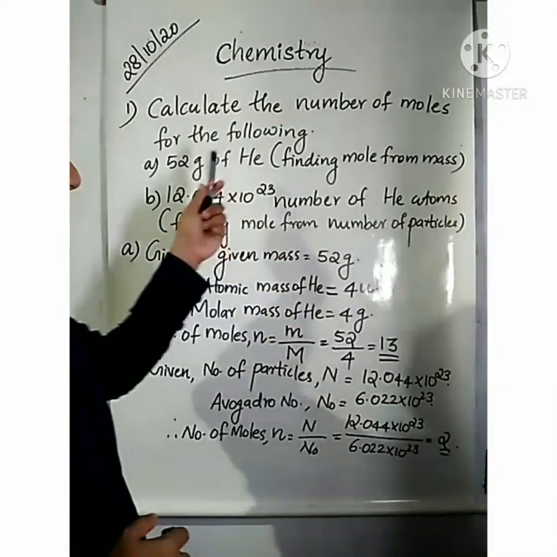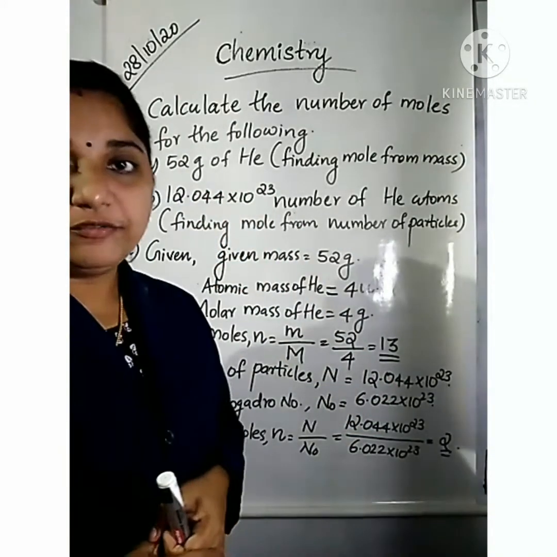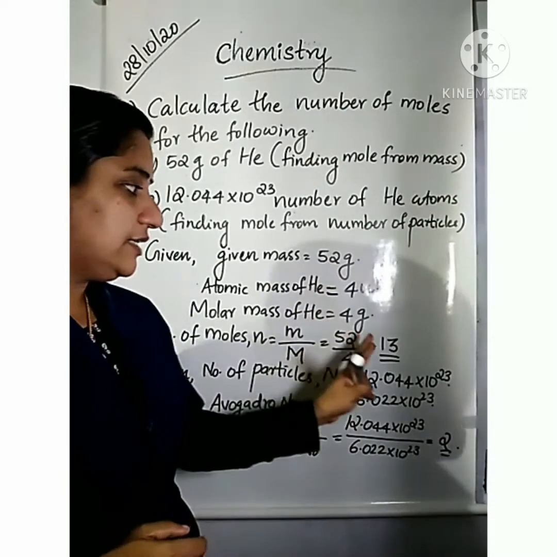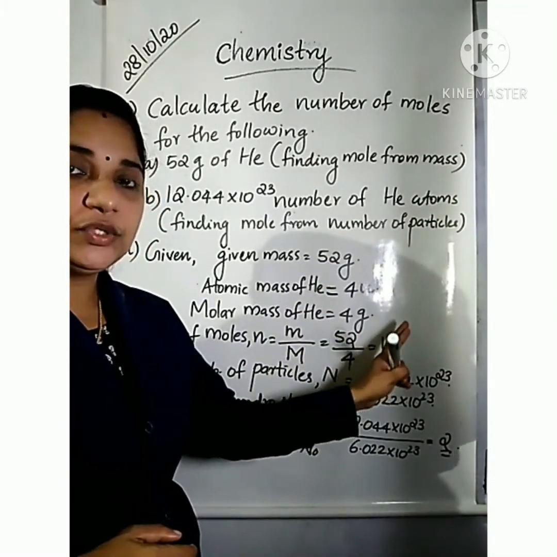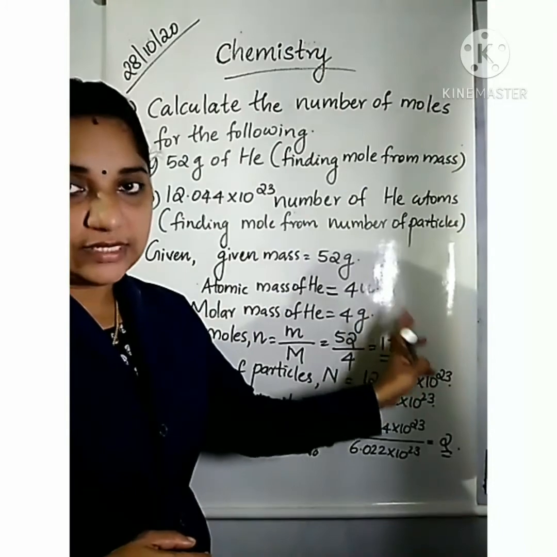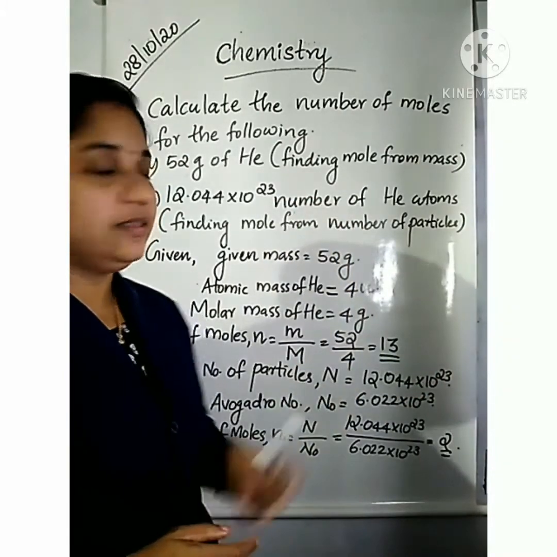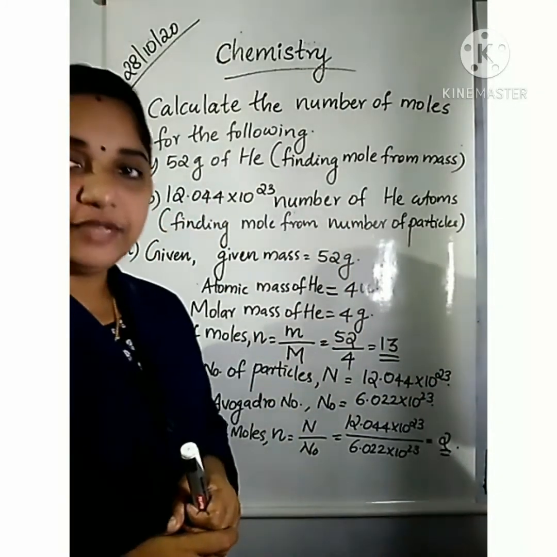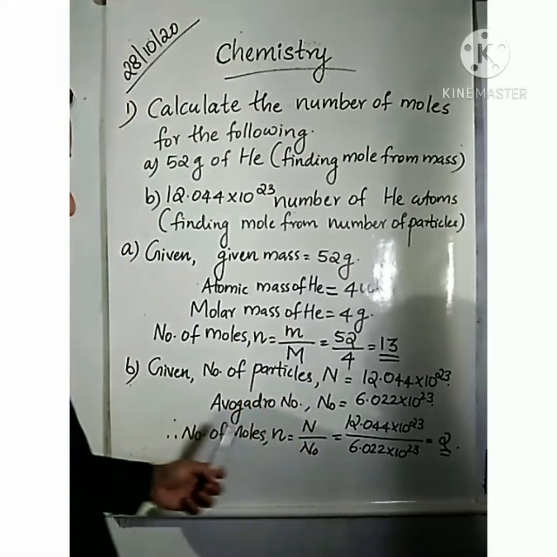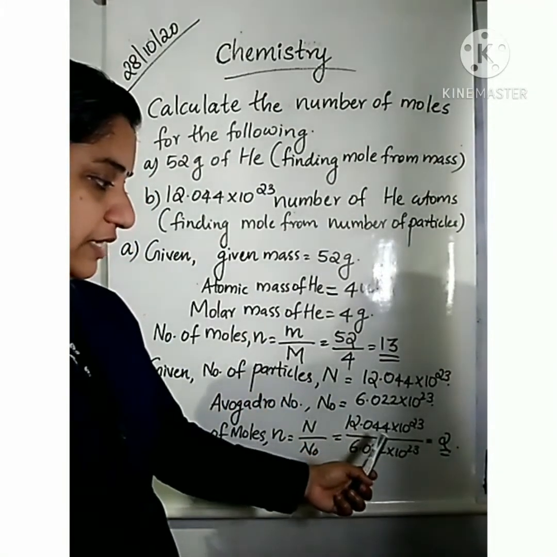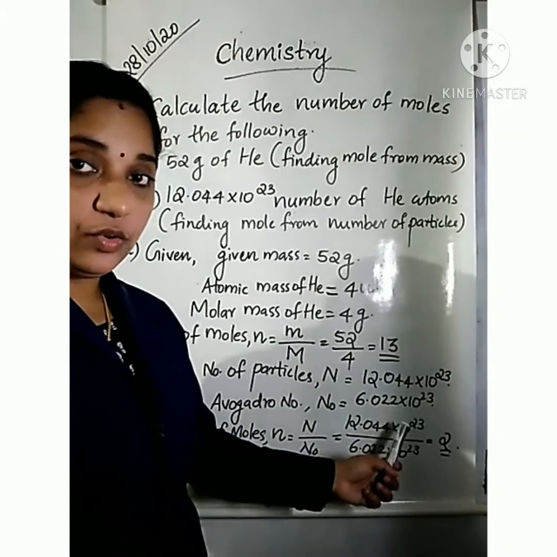Here 13 moles present in 52 gram of helium. That is 13 into 6.022 into 10 raised to 23 particles are present in 52 gram of helium. Then this is the number of particles that contains 2 mole.